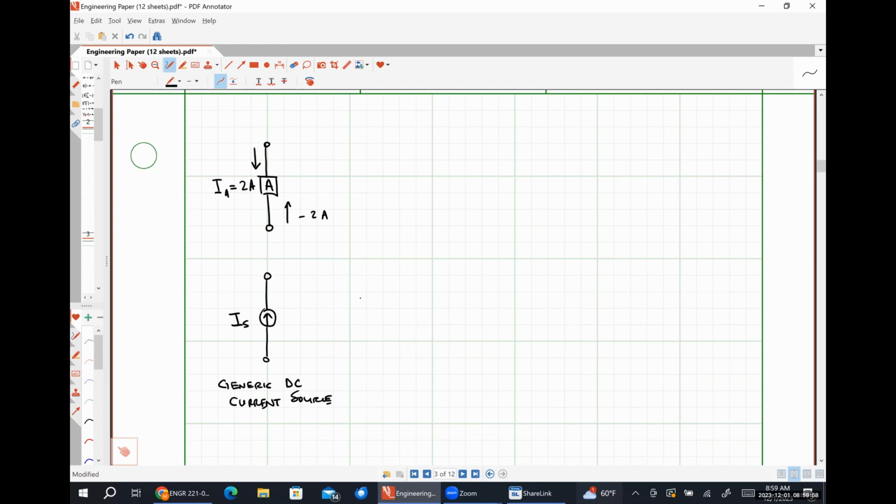There is no polarity or anything like that to worry about. There's just magnitude and direction. And if I ever want to change the direction, that's the same thing as changing the sign on the magnitude and vice versa. So this 2 amps corresponds to this down arrow. So this negative 2 amps has to correspond to this up arrow because they're in opposite directions.